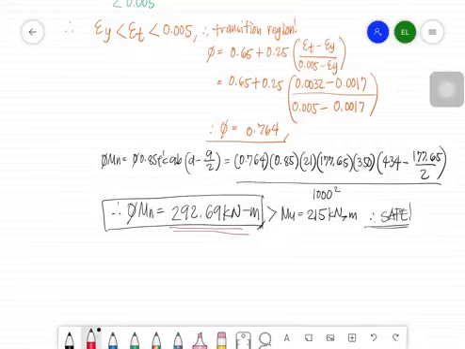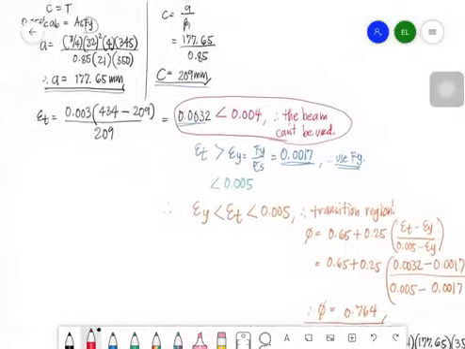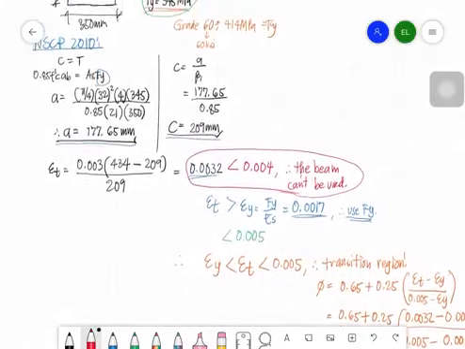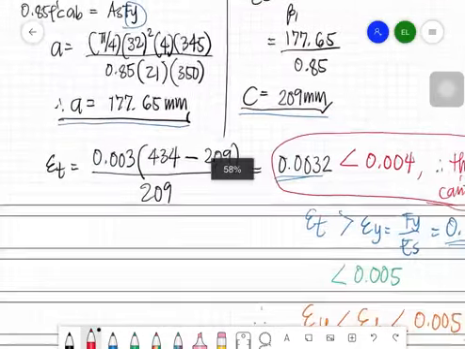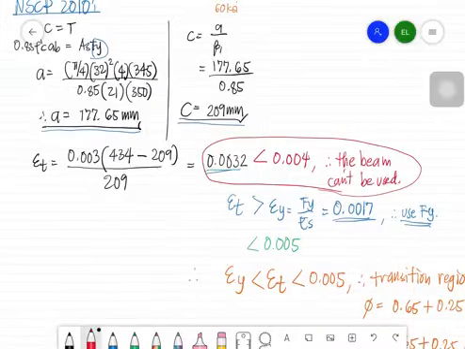Even though it has a high bending capacity, it didn't meet the ductility requirement, so there might be a problem later in the performance of the beam, or the way it performs during loading.